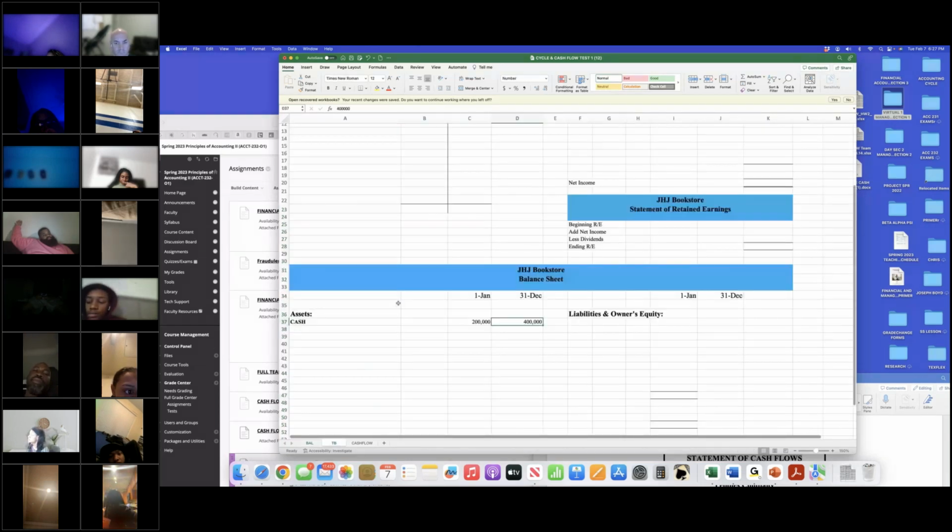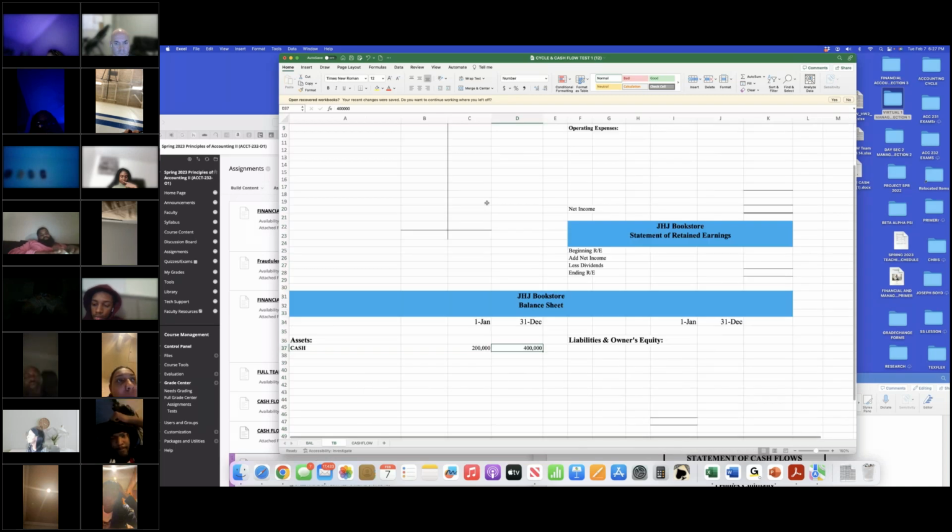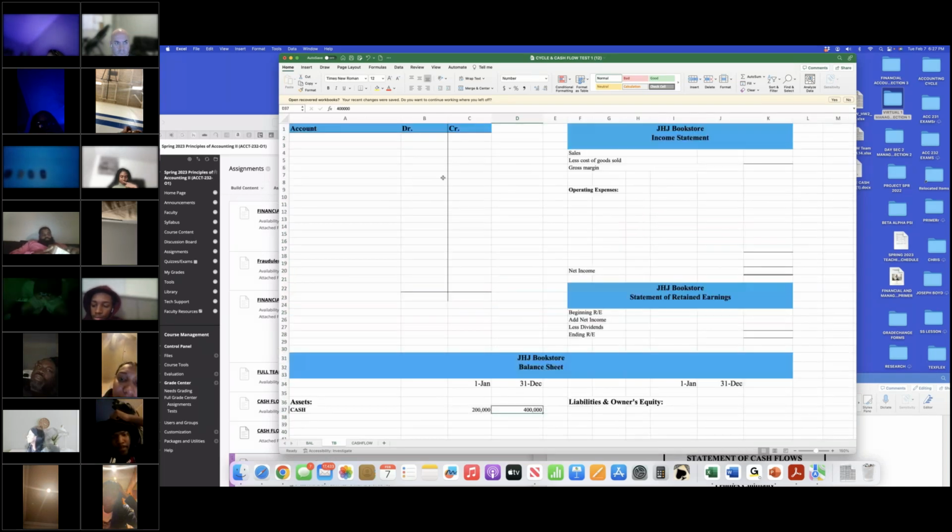Now, for these numbers, you've got all kinds of numbers, revenues and expenses. And as you know, you go from the bottom of that statement, sales on down. So you've got to get your accounts in order and do an income statement. Then you do a statement of retained earnings, and then you do a balance sheet.